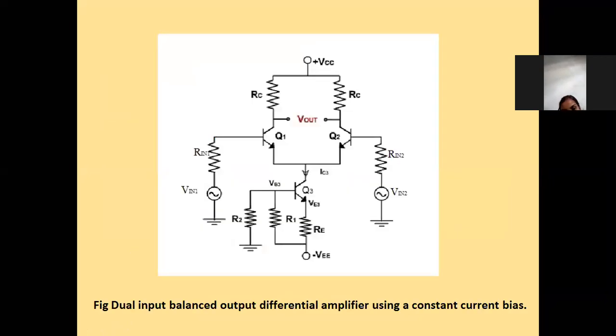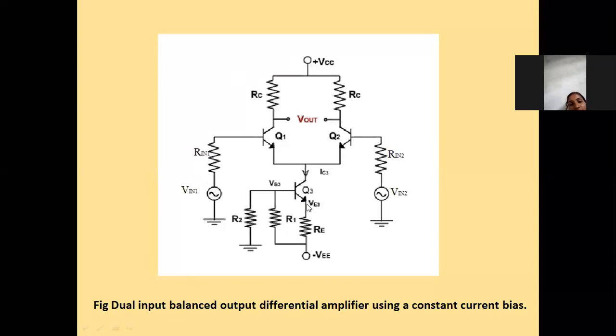So this is the circuit which shows how we can get a constant current bias. So this is with respect to the differential amplifier circuit. So this portion is your differential amplifier circuit. So now what we did, our intention is to get a constant current across RE. So for that reason, what I did, I replaced this RE with an external circuitry.